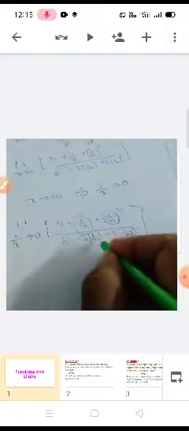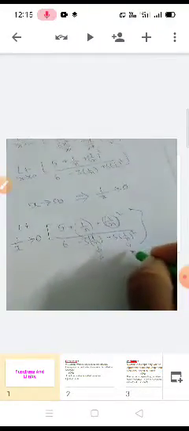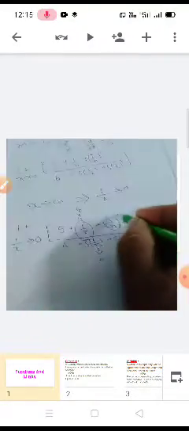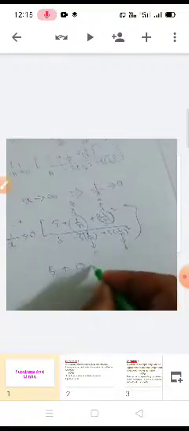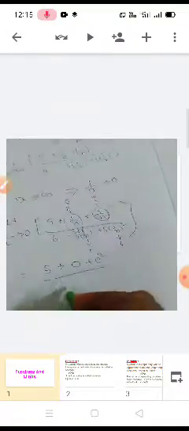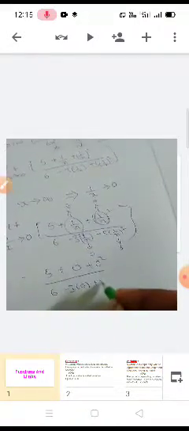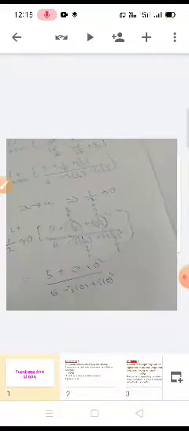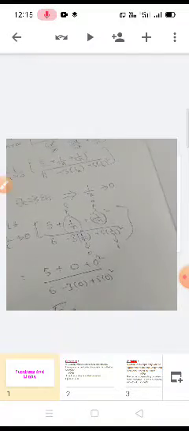See here, substituting 1 by x equal to 0 everywhere, that is equal to (5 plus 0 plus 0 square) by (6 minus 0 plus 5 of 0 square), which equals 5 by 6.